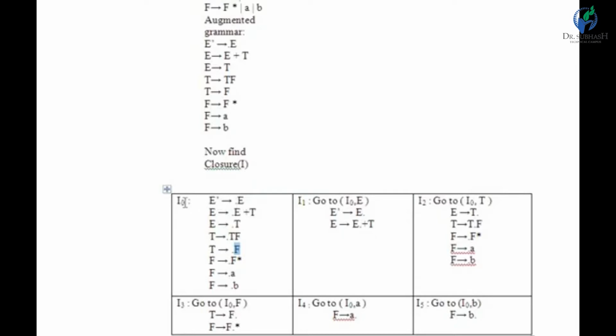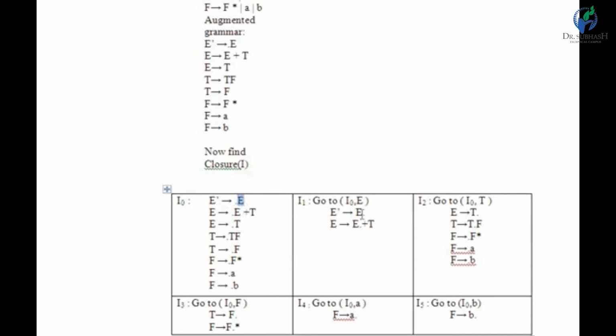So the next state will be I1. In I1, go from I0 on E. In your I0 productions, move dot after E. Before E you have these two productions in which you have a dot: E dash gives E dot, then E gives E dot plus T. Here move this dot past this non-terminal.